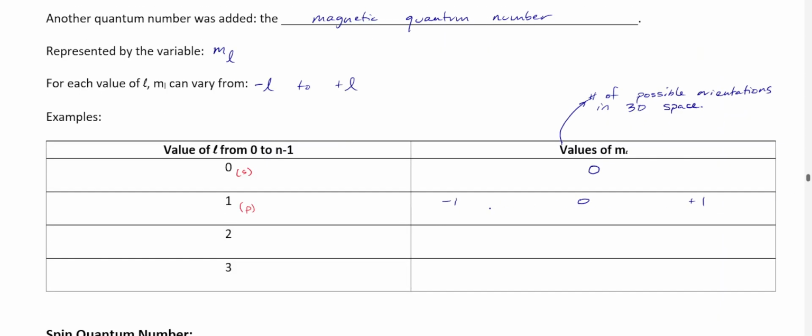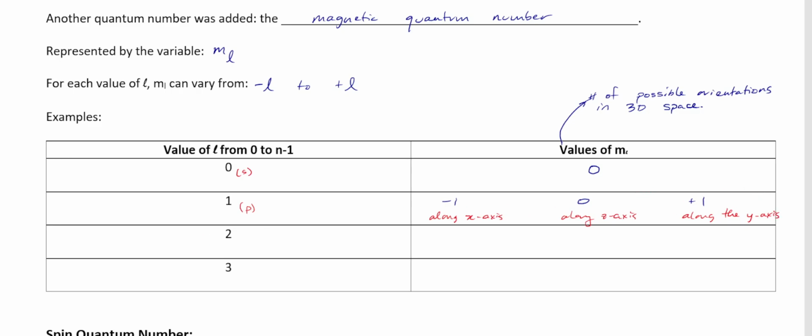Okay, so we can actually even write that in. One along the x-axis, along the z-axis, and along the y-axis. Three orientations in 3D space.